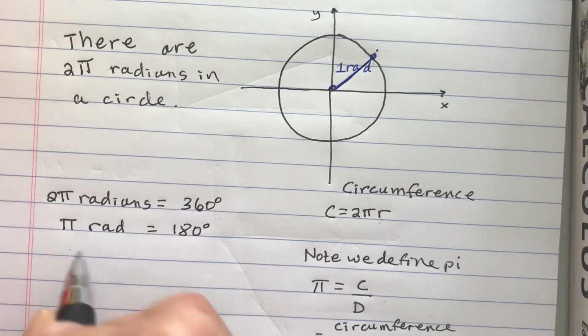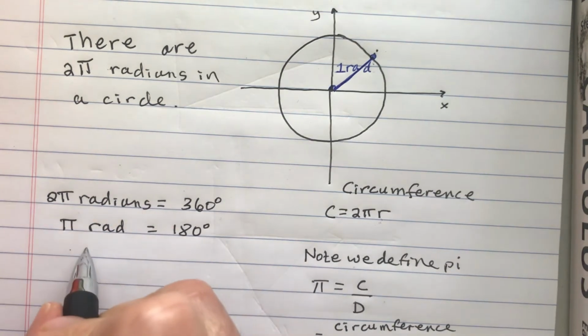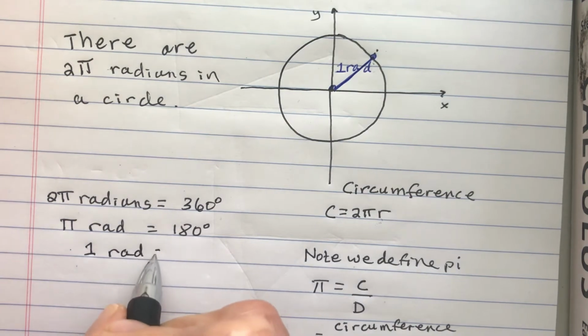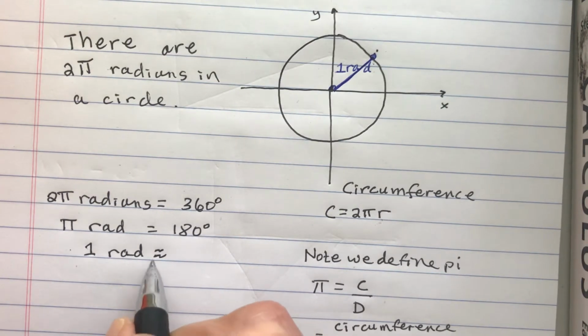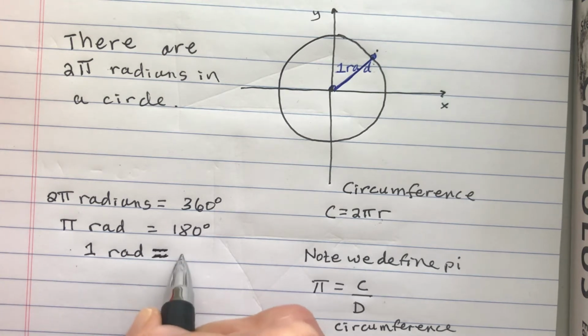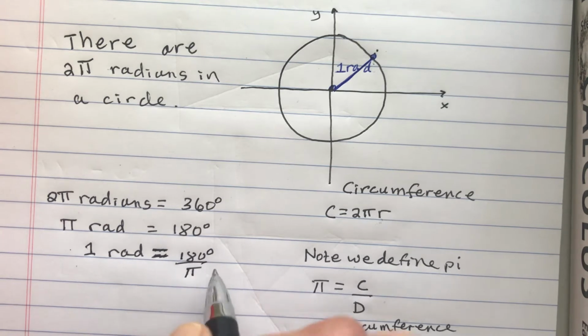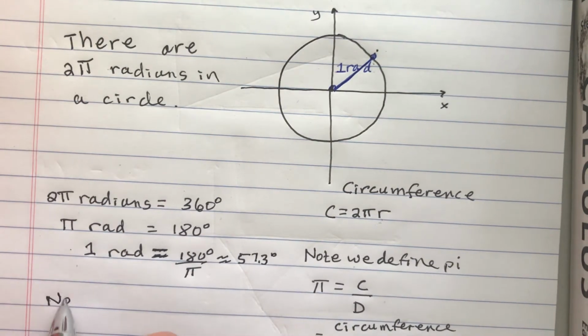All right, so there you have it. If I have 1 radian, this is around, well, no, it's not around. It's exactly equal to 180 degrees divided by pi. And so that's going to be around 57.3 degrees. So remember that pi is around 3.14.